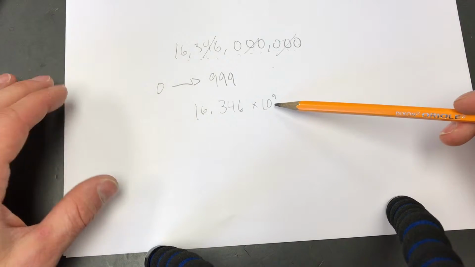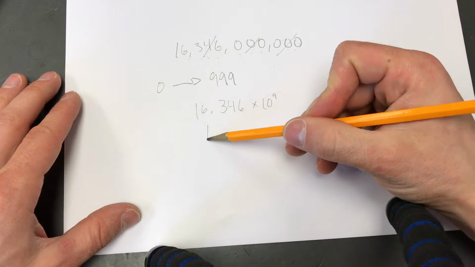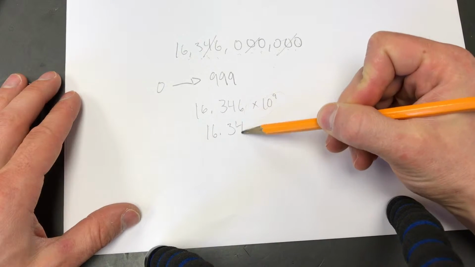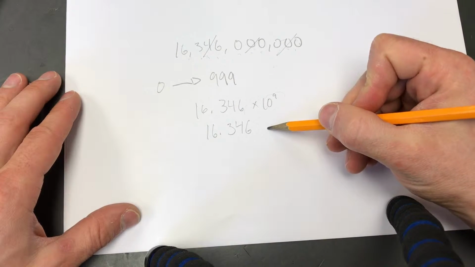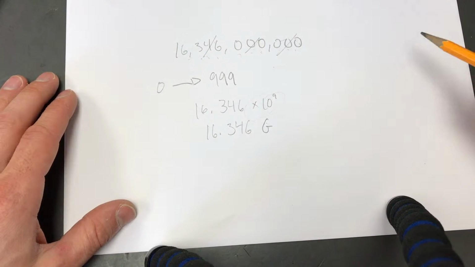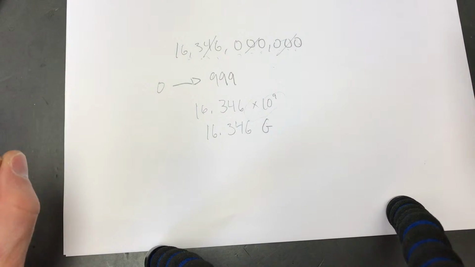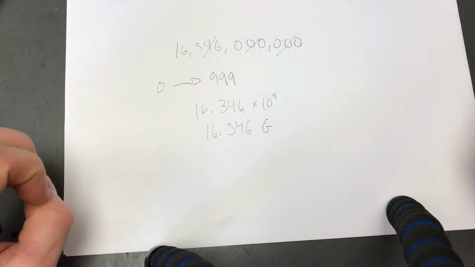But now I'm going to replace this with my symbol. So I can write 16.346 G for giga, and that is putting it in engineering notation.